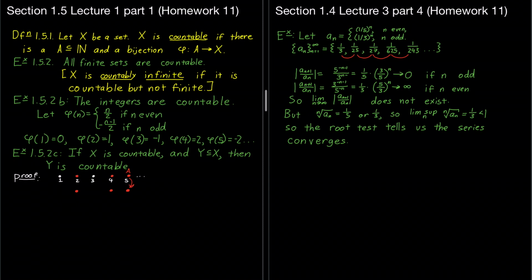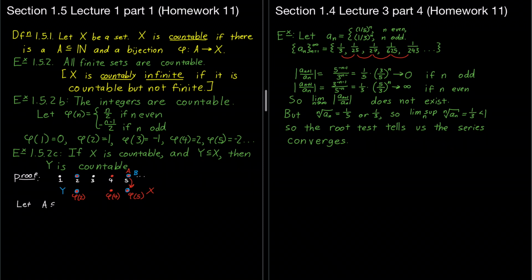So we've got phi of 2, phi of 4, phi of 5, and then if we pick out a subset of X, say just this one, and just this one, then we can go back to our pre-image here, and then here is a subset B. B is also a subset of the natural numbers. So let's write this out formally, what we've just drawn.